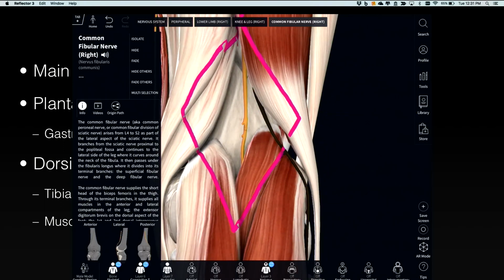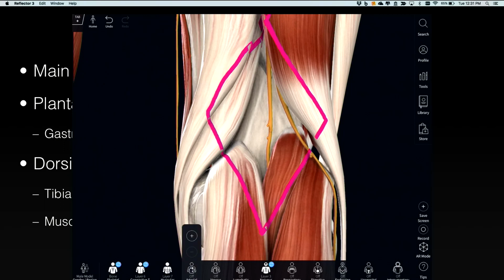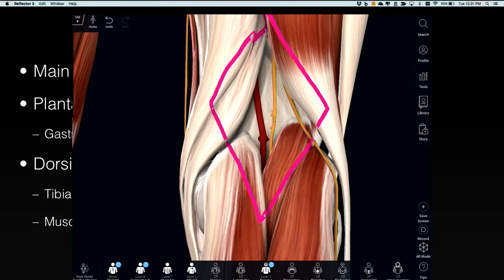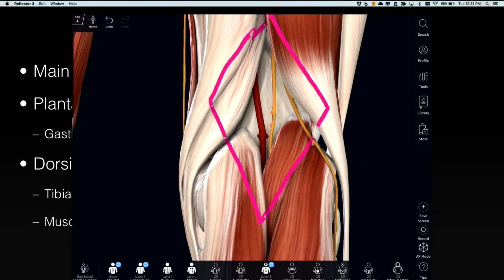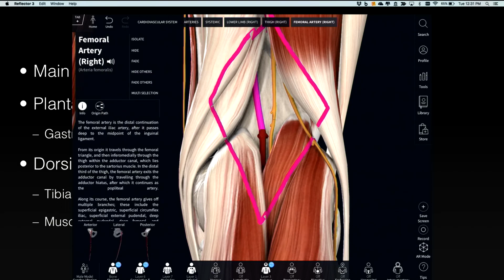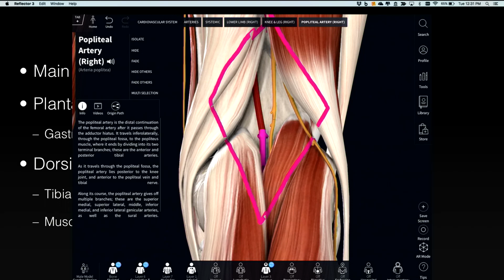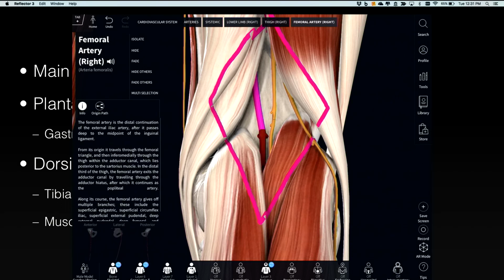What else is of interest in the popliteal fossa? Like in the femoral triangle, not only nerves but also arteries and veins. This is the point where the femoral artery becomes the popliteal artery. There are two branches that come off that I'm not showing you, but the name of the artery changes.